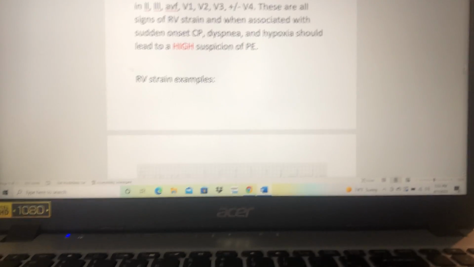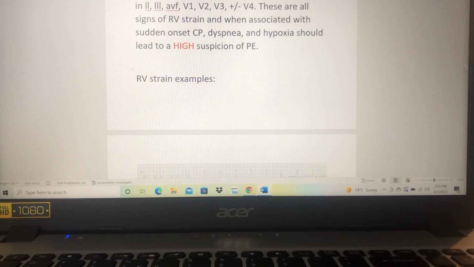So right axis deviation, right bundle branch block, and T wave inversion, especially in leads 2, 3, AVF, V1, 2, and 3, plus or minus 4. If you get V4, that's just additional confirmation, but not 100% necessary. Those are signs of right ventricular strain.